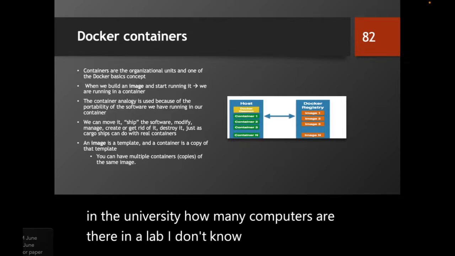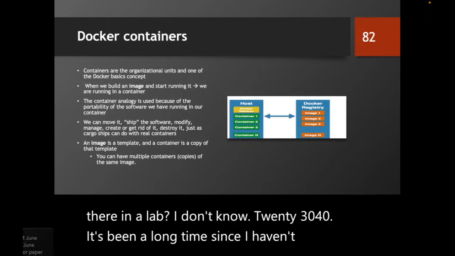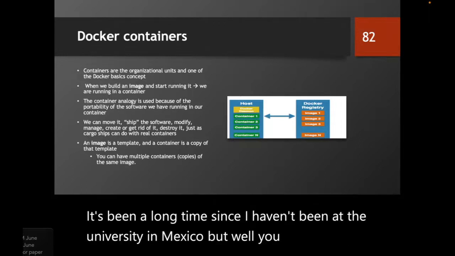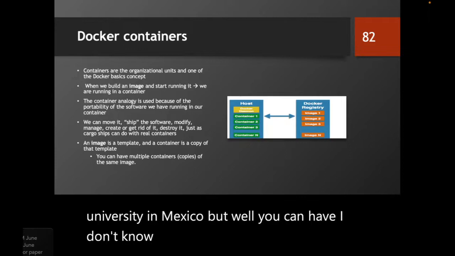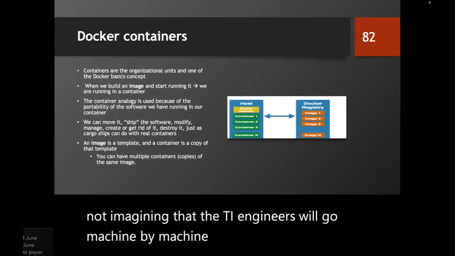I don't know, 20, 30, 40. It's been a long time since I have been at the university in Mexico, but you can have, I don't know, 30 computers. Of course, you are not imagining that the IT engineers will go machine by machine installing things that we can use in the lab.